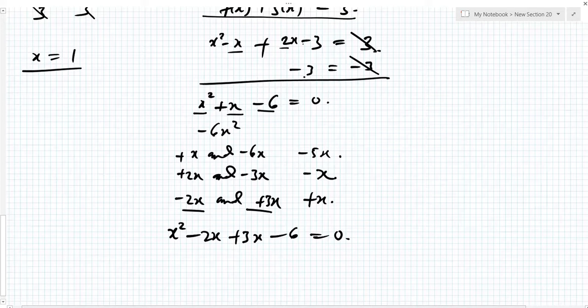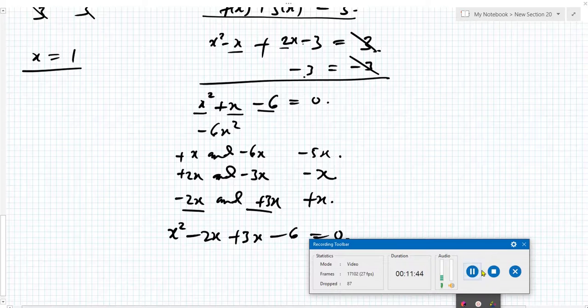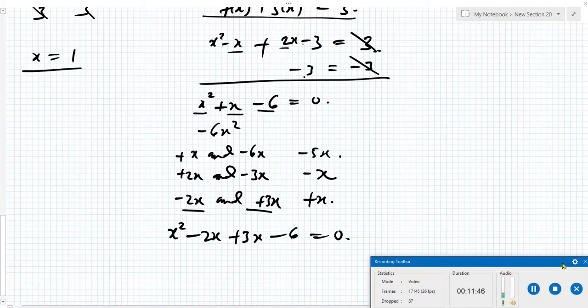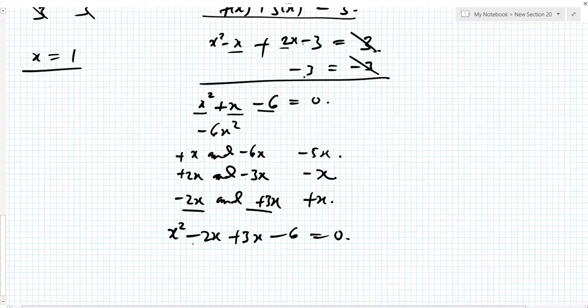Now to factorize this, the common factor of these two terms is x. So you say x squared divided by x, you have x. Minus 2x divided by x, you have minus 2.